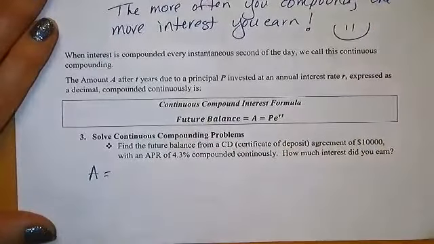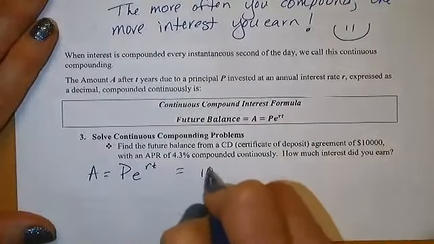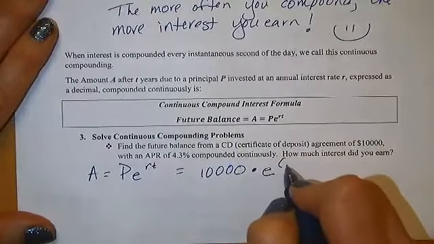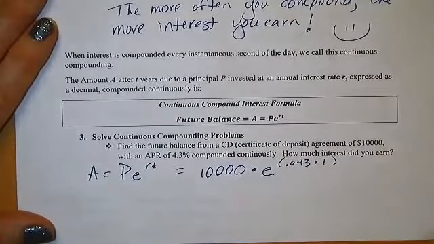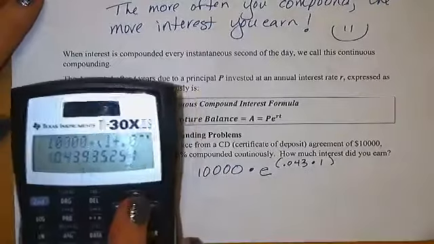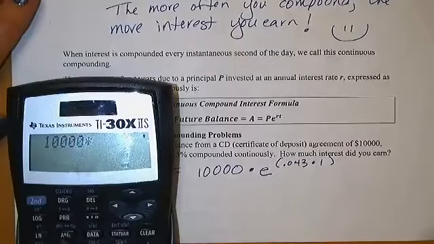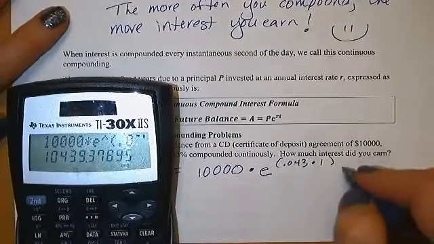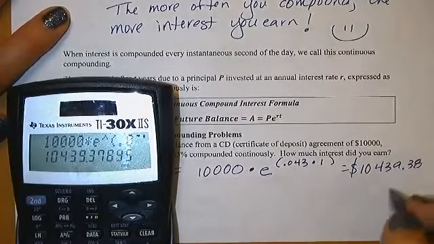Our future balance A is equal to P times e to the RT power. So our principal times e to the power of our rate times T. Let's plug that into our calculator and see what we get. $10,439.38.